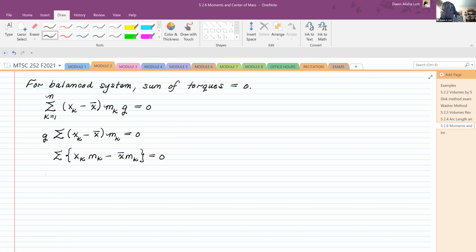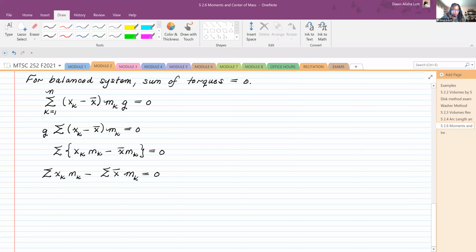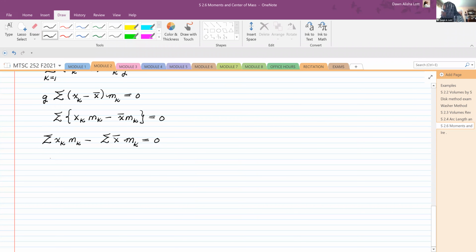So now I get the sum of XK MK minus the sum of X bar MK is equal to 0. So the sum of X bar MK is equal to the sum of XK MK.